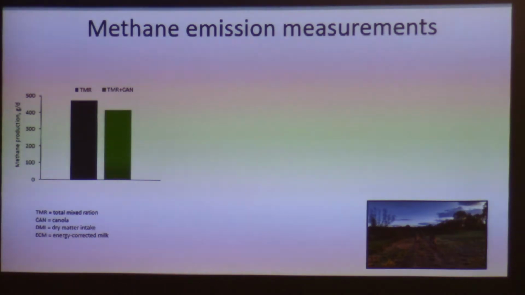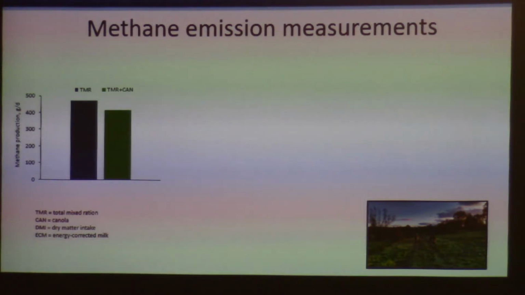And here's some of the data. You see methane production in grams per day dropped in the cows that had access to the canola. We still need to take a better look at this data, because it could be related to the glucosinolates that I mentioned, or to less dry matter intake.